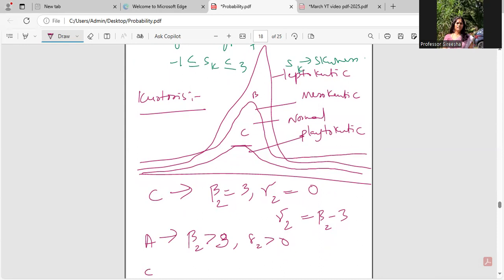Why 3? Again, I will talk about it. For platykurtic, beta 2 should be less than 3 and gamma 2 should be less than 0. Ideal ones are beta 2 equal to 3 and gamma 2 equal to 0 for the normal curve, or the Gaussian curve, which is neither flat nor peaked. I'll talk about the remaining things in the next video.